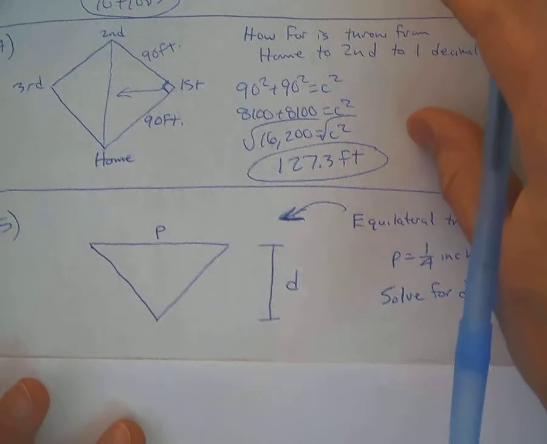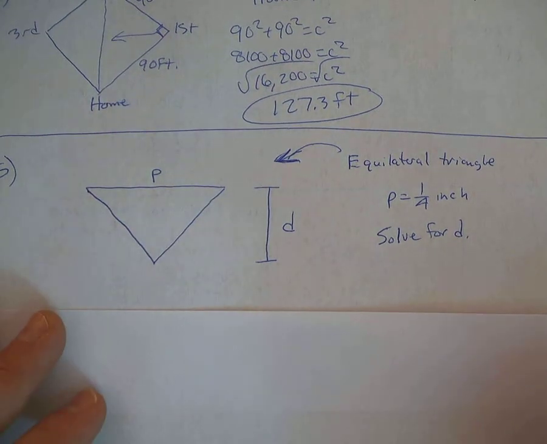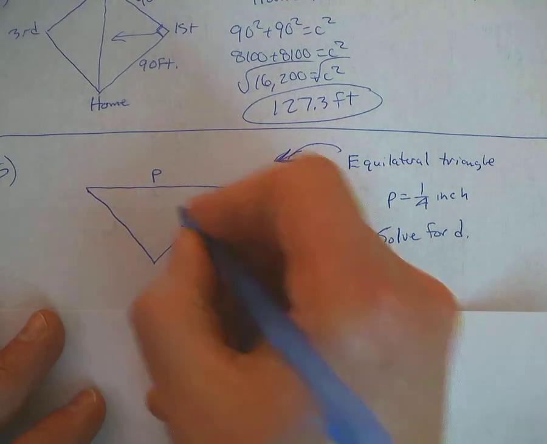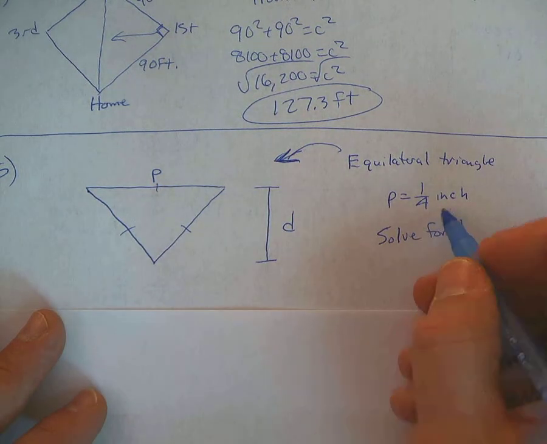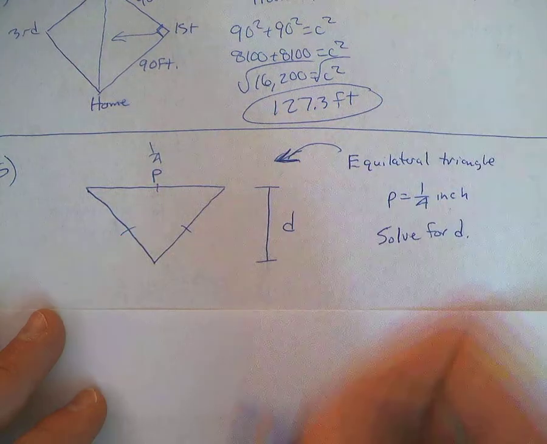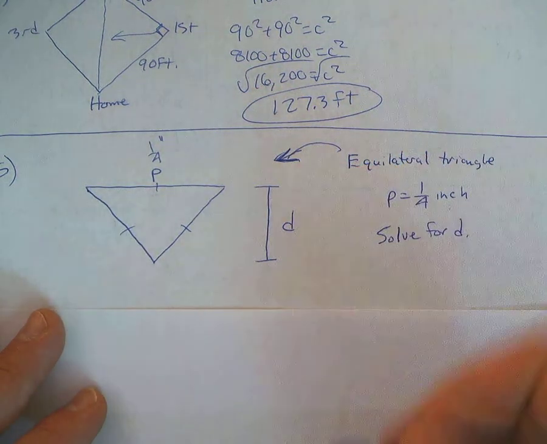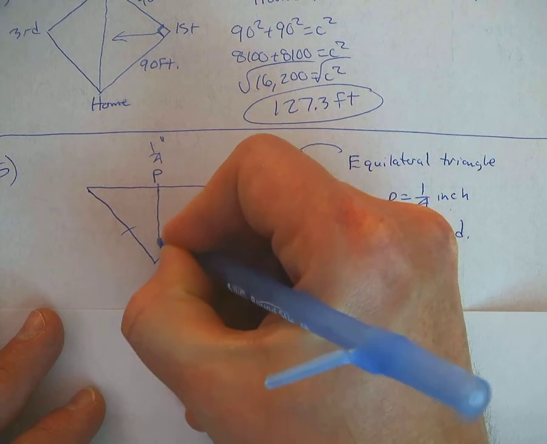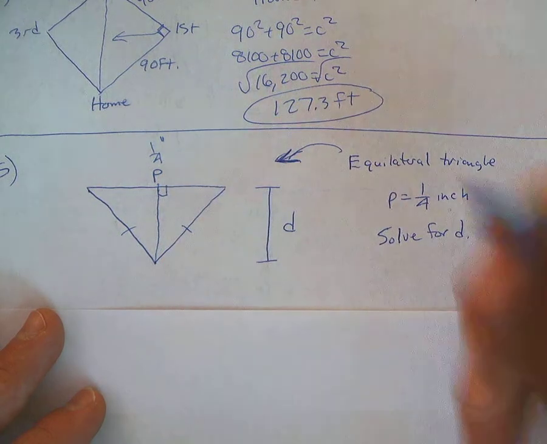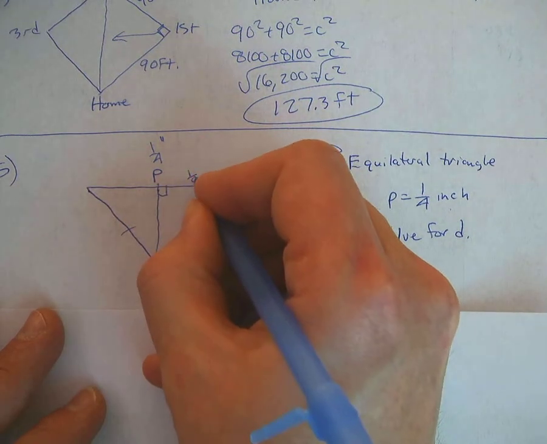In the last part of this video, honors, you have another part to go. So we have an equilateral triangle, which means these are all the same length, right? And it says P is 1/4 of an inch, so I'll put 1/4 right here. And we want to know what this D is, straight down. So I'm going to make myself a right triangle. I know half of 1/4 is 1/8.